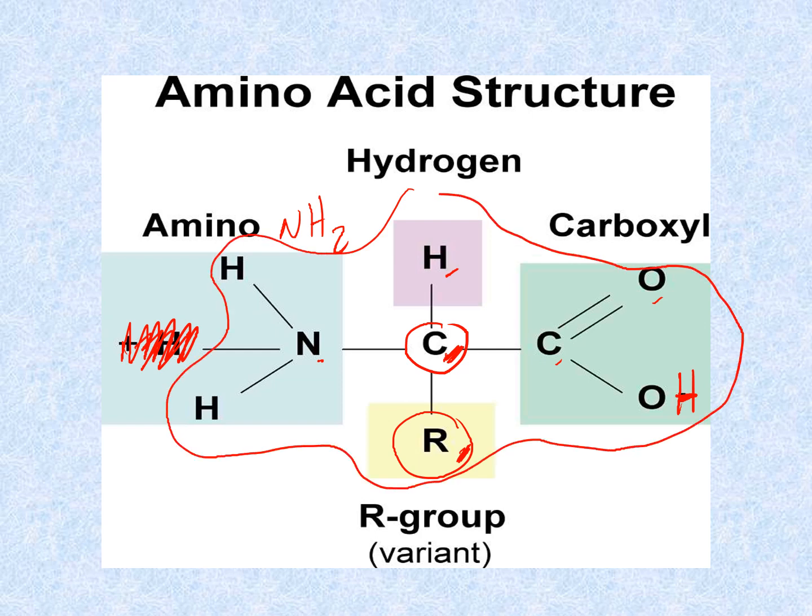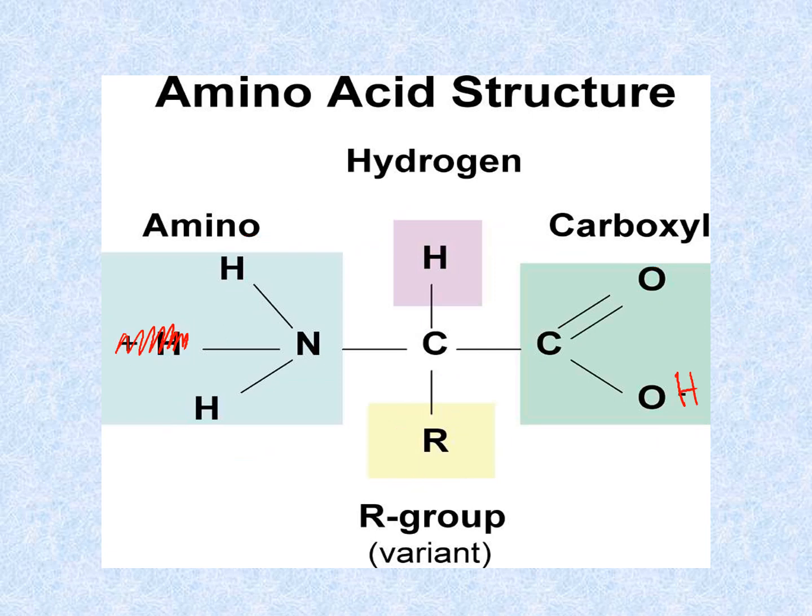Next, let me show you how the specific structure would change once your amino acid is exposed to physiologic pH, 7.35 to 7.45. Again, this is the original structure of your amino acid without being exposed to pH.